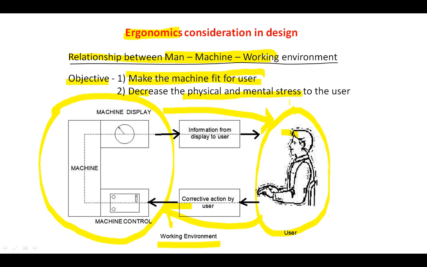This will be reduced if all the machine components which are in contact with a human being or a user are placed at proper locations, and they are not awkwardly placed and are easy to use. I will give you one example.